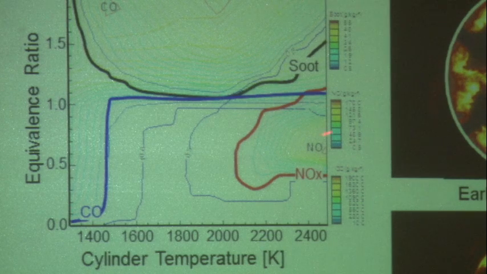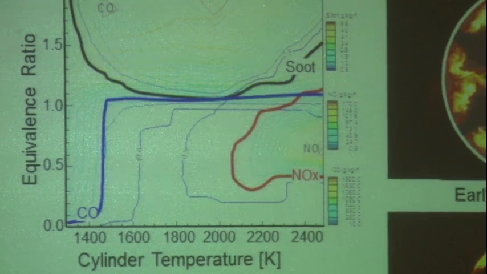As far as nitric oxide is concerned, that shows up when the temperatures are above 2000 Kelvin locally. So one way to deal with that is to dilute the charge with exhaust gases to lower the combustion temperatures. That would be part and parcel of using PCCI strategies. But you can see that there's actually good news for combustion.